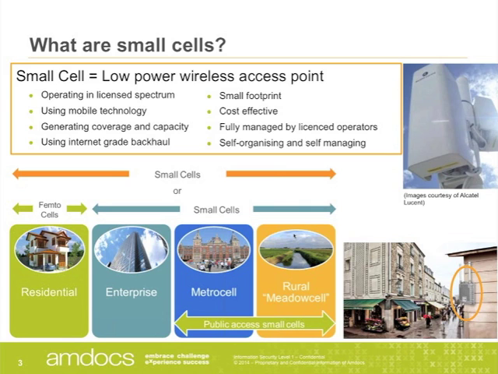These are targeting the urban streets and high density areas such as shopping malls and railway stations, for example. And also there are the rural small cells which are used to provide capacity and coverage out in the far-reaching, remote small villages and towns.